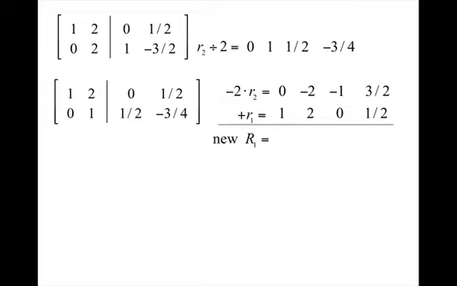Well, 0 plus 1 is 1. Negative 2 plus 2 is the 0 that I wanted. Negative 1 plus 0 is negative 1. And 3/2 plus 1/2 is 2.